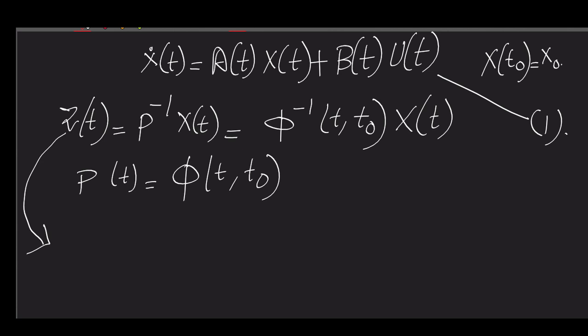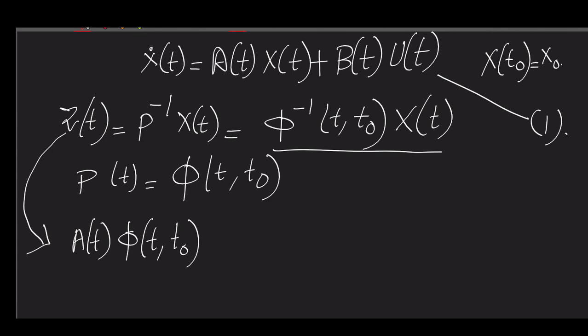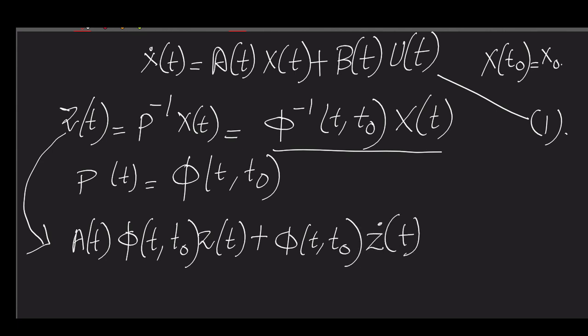Obviously this will become the definition, and this one will become A t phi t comma t naught z t plus phi t comma t naught z dot t is equal to A t.